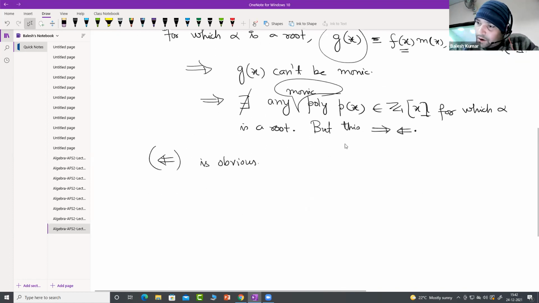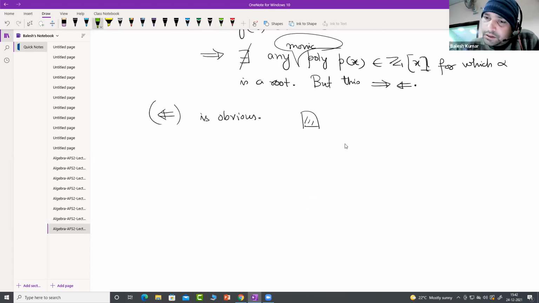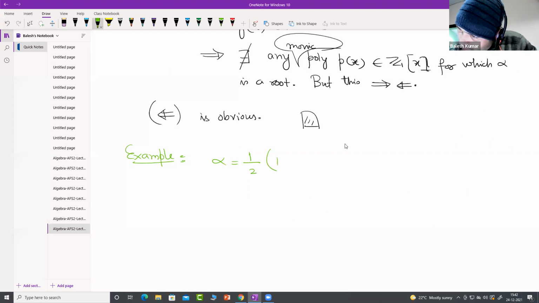Let us try to see, for example, if you take alpha equal to 1 by 2 times 1 plus square root of 2.